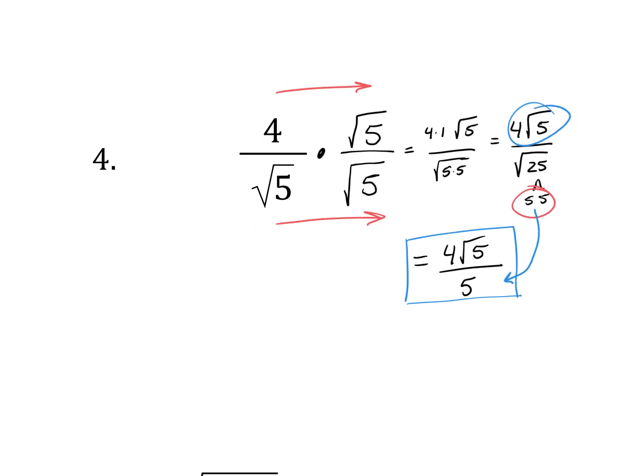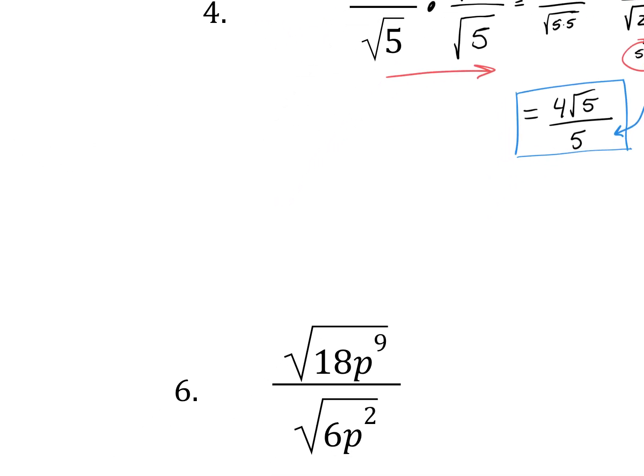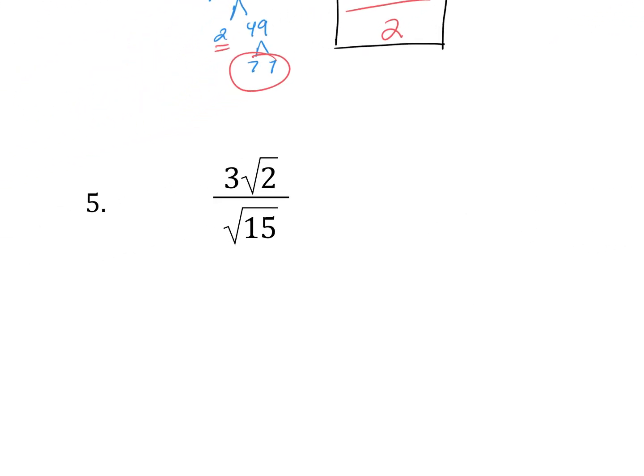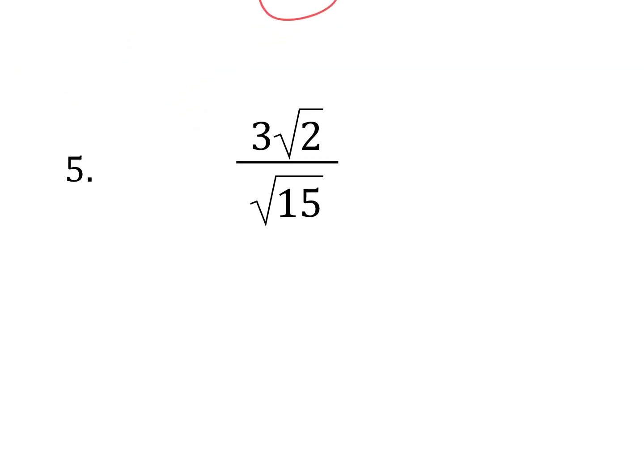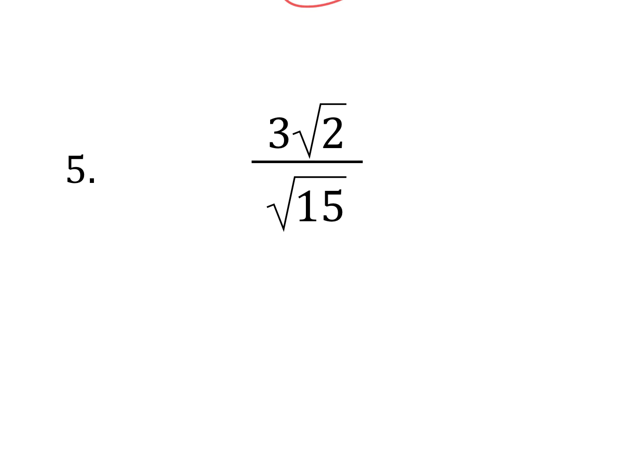Okay, I know this is a lot. Hang with me. We're going to keep building on it, okay? Now I've got a radical on the top and a radical on the bottom, but because I have a coefficient I can't just make one big square root. Nope, nope, nope. Can't do that.